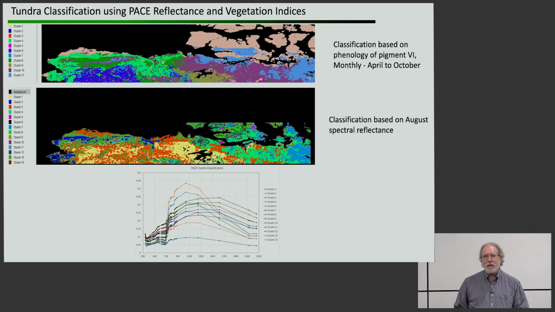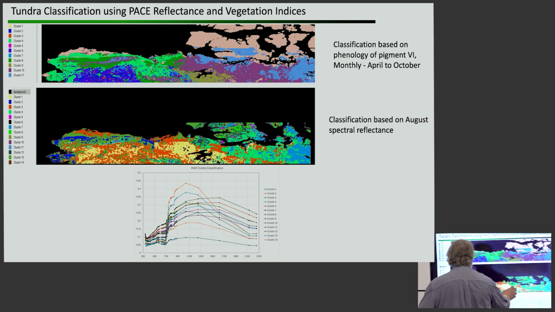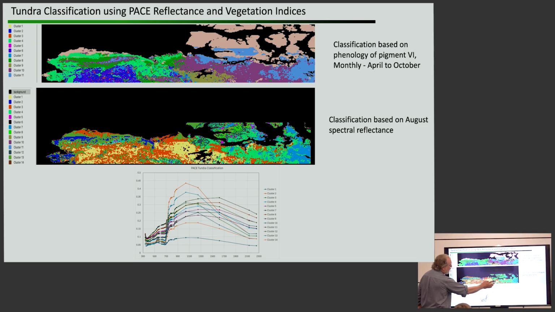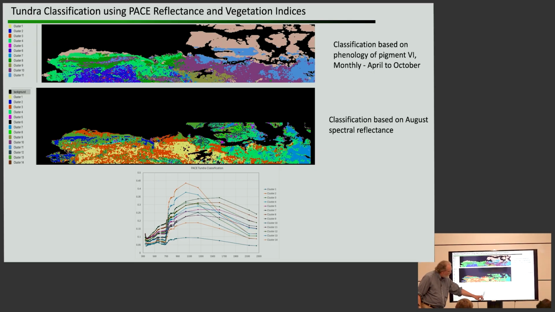You can see places where they're similar, but over here around Great Slave Lake, you can see this big blob of yellow in the spectral reflectance classification, which is actually broken up into a couple of different classes in the seasonal one. And so this is telling us that this spectral information from midsummer, and here's the spectra of the averages of each of these classes.